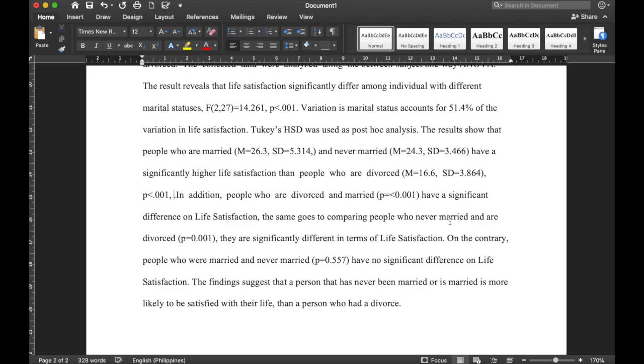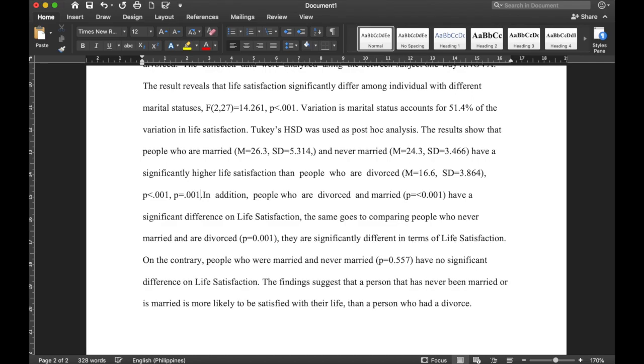So it's either p is less than 0.001, comma, p equals 0.001, and then you can say respectively, or we can say it collectively.